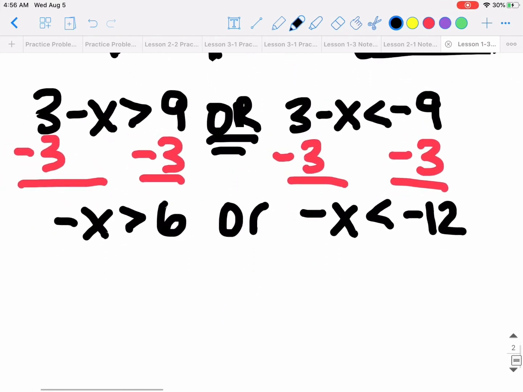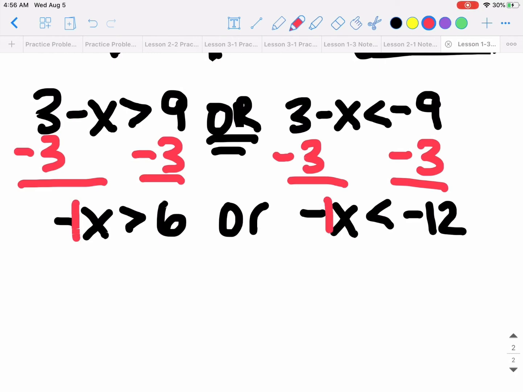The next thing I'm going to do, I don't want a negative in front of my x. I want x by itself. I want to know what the solutions are for the variable, not for the negative version of the variable. So I'm going to get rid of that negative sign. I know that when I have a negative sign in front of a variable, it actually means there's a negative 1 in front.